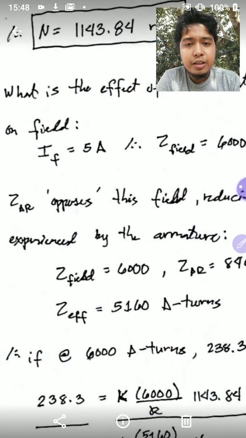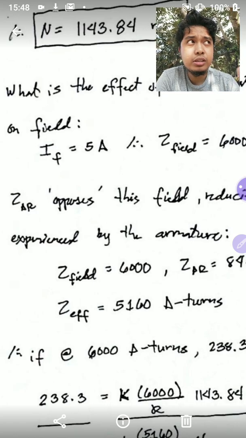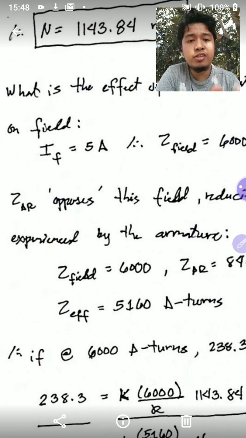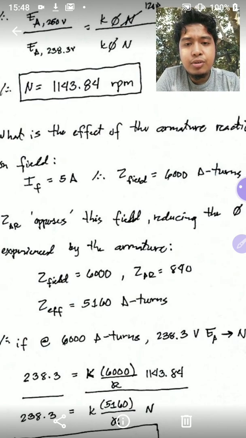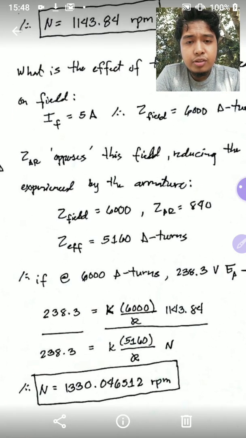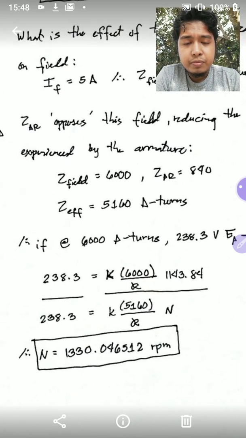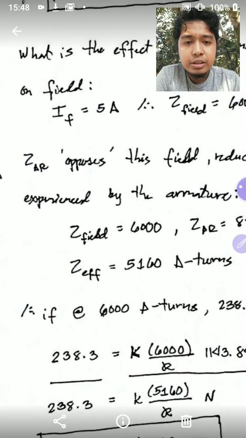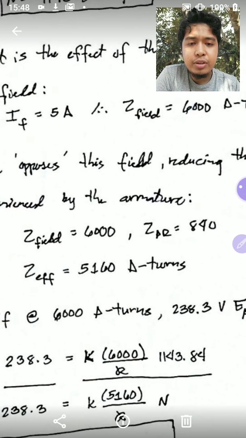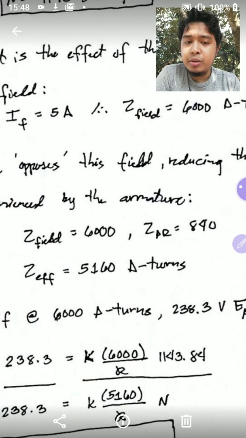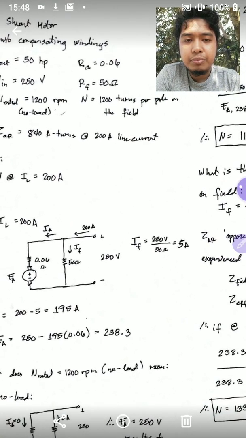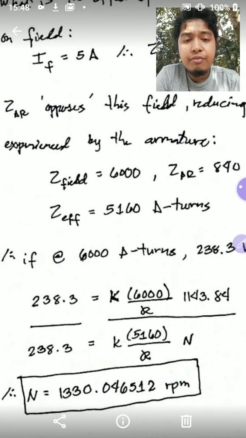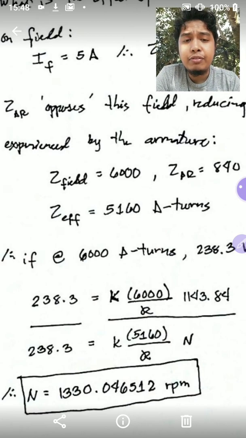Now your armature reaction kind of opposes the magnetic field, the 6,000 ampere turns, reducing the total flux experienced by the machine. So if we have a total of 6,000 per pole and an armature reaction of 840 ampere turns, then the effective MMF is 5,160 ampere turns.